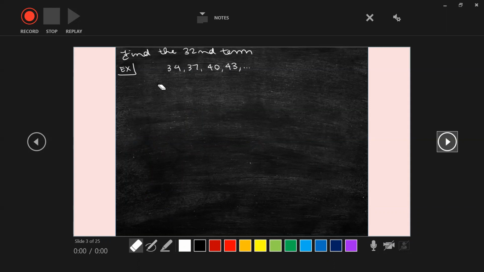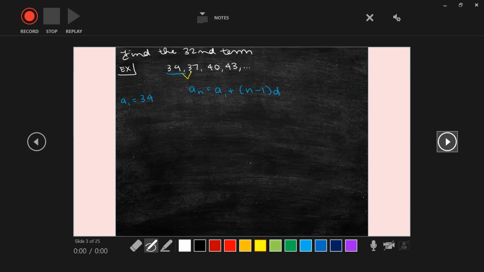Well, let's create our equation. If you remember from your notes, we continually use the little guy that says a sub n is equal to a sub 1 plus n minus 1 multiplied by d, right? Let's see if we can figure out the things that we know. What is a sub 1? A sub 1 is our initial condition or our starting point, and that looks like it's 34.